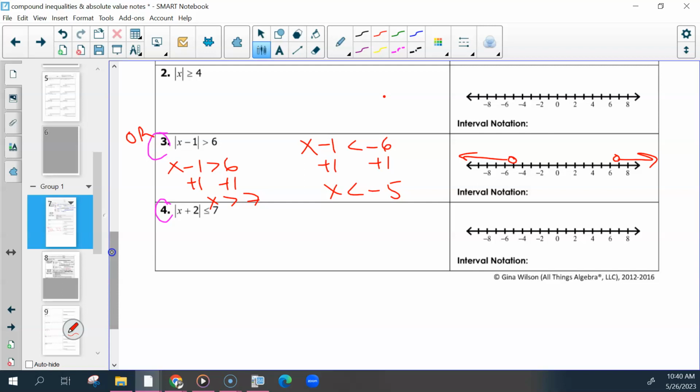It keeps going to the left, so it starts at negative infinity, stops at negative 5, it's open, so parentheses, then in between, starts again at 7, so parentheses because it's open, and ends at infinity. Do we have any questions on that one?